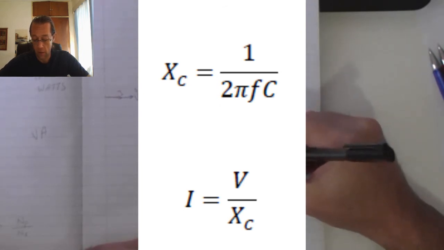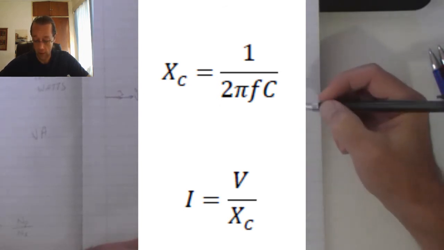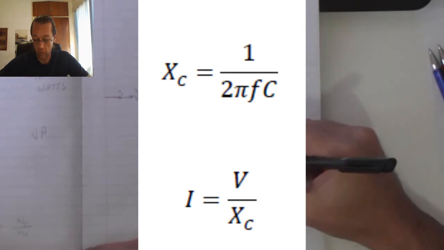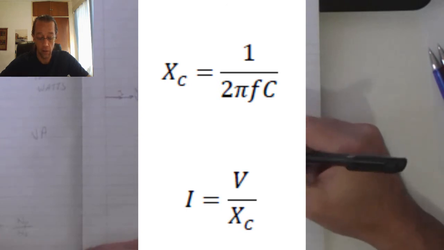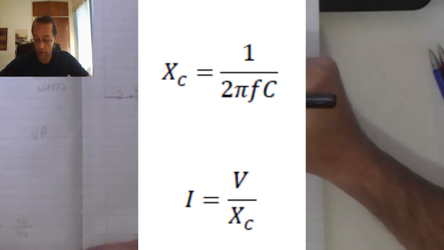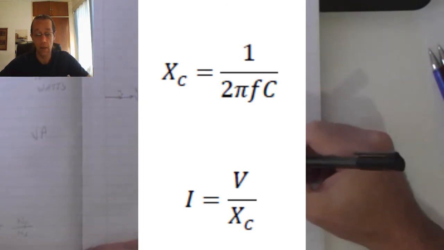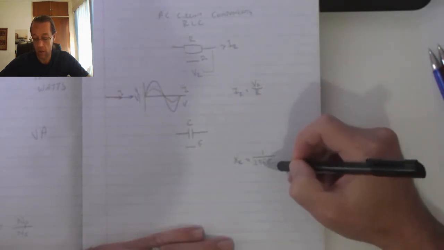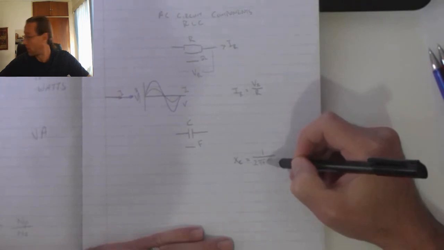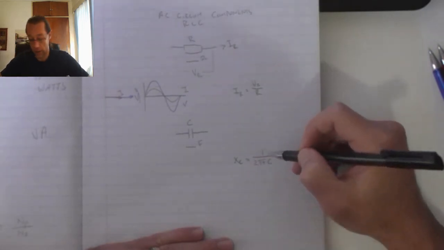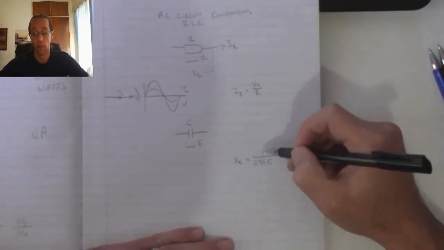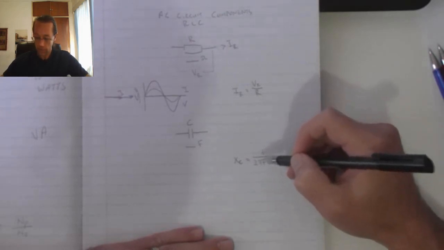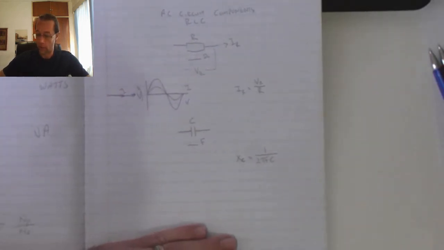It's been discovered that the reactance of the capacitor is equal to the inverse of 2 pi f, which is the angular velocity which causes the sine wave, multiplied by the capacitance. What this means is the larger my frequency is, the smaller my capacitive reactance is going to be.